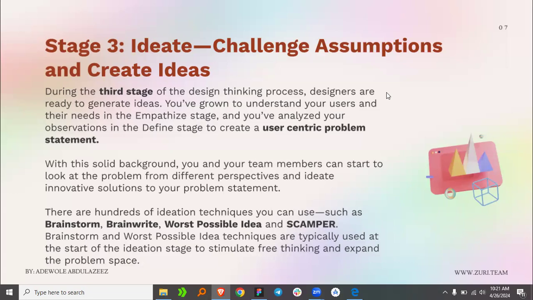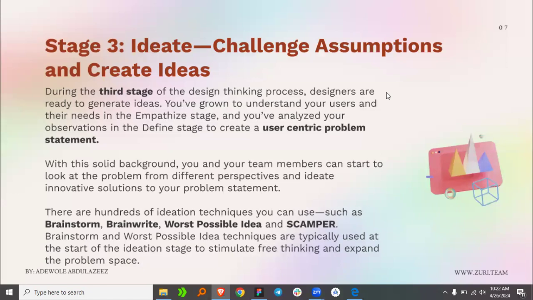So there are different techniques that we can use to solve this issue. Moving on. They said brainstorm and what's possible idea techniques are typically used at the start of the ideation stage to stimulate free thinking and expand the problem statements. So these ones are best used at the beginning of the ideation stage, to generate ideas, then from those ideas, you can start to bring other ones out.